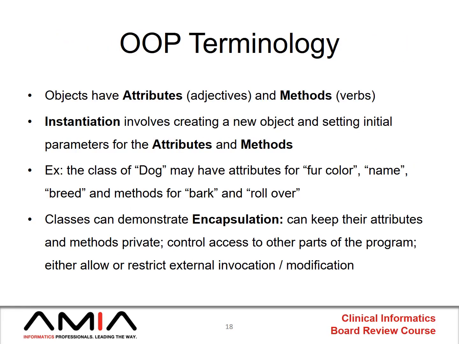To continue this analogy, objects can have what are called attributes, which you can think of as the adjectives that describe the object. So the beagle might have a name, it might have a fur color, it might have an owner, it might have an age, it might have a sex. And objects can also have methods, which you can think of as the verbs.